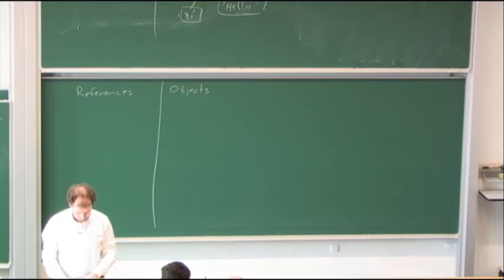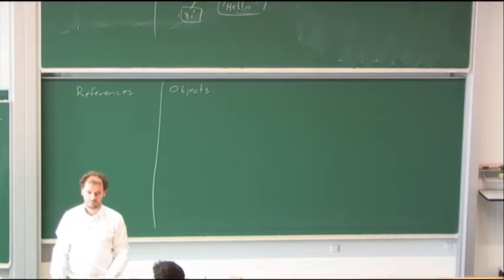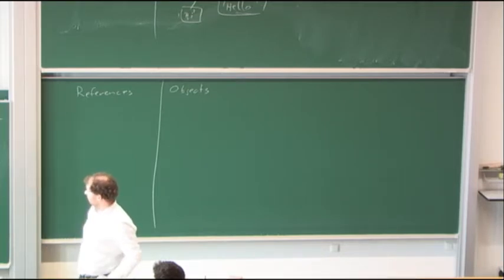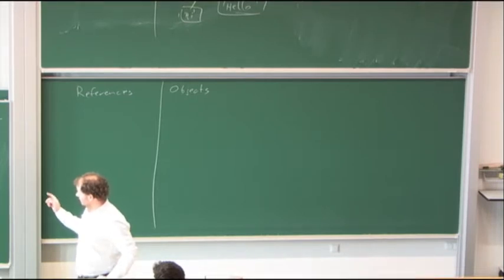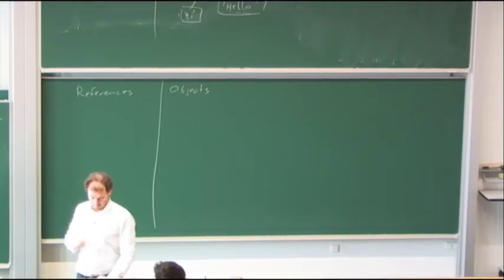And then let's say that b is a. And now let's say that a is 3. What is b now? Does anybody have a guess? So I set a equal to 5, I set b equal to a, and I set a equal to 3. So what is now the value of b? Yes? b is 5.